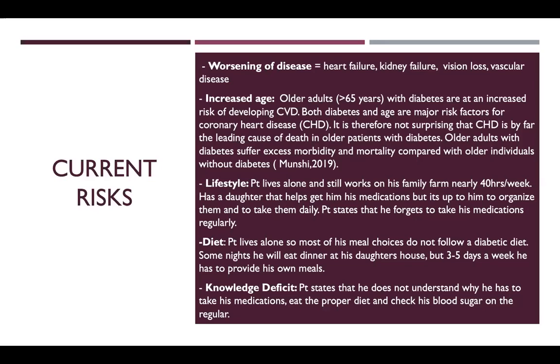He is at increased age, so that also puts him at increased risk. Older adults with diabetes are at increased risk of developing cardiovascular disease. We explained the reason he really needs to get his diabetes under control. And just his lifestyle alone puts him at risk.